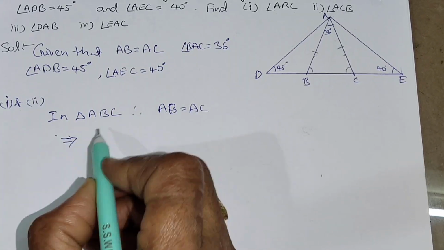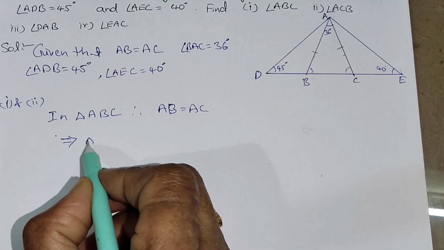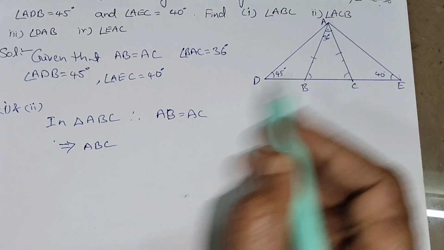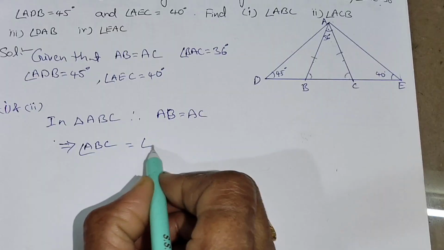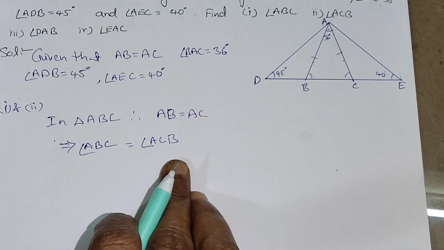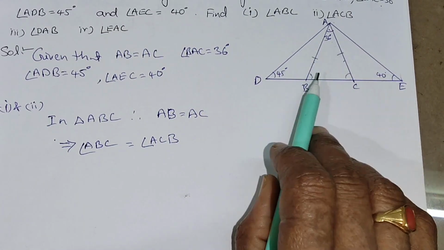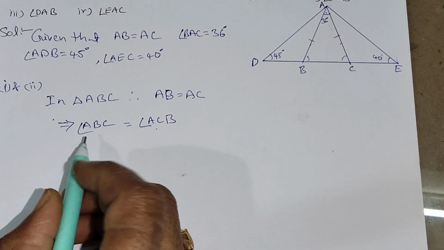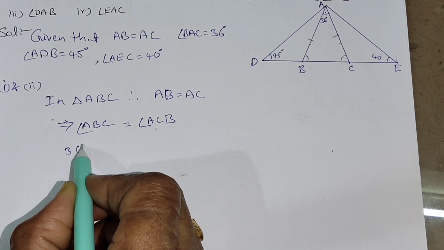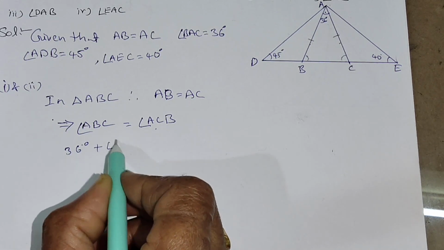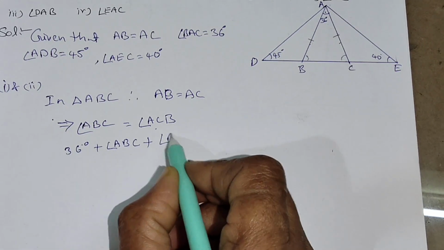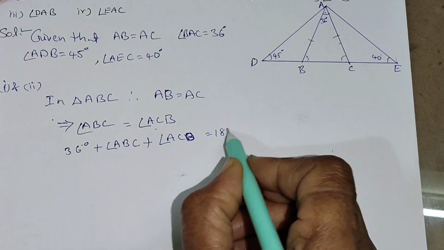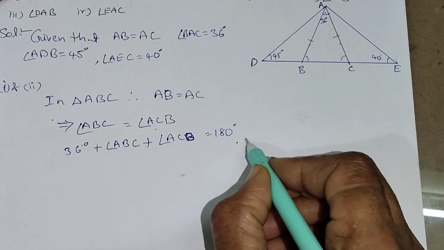That implies angle ABC equal to angle ACB. These two angles are equal. So one angle is 36, and the next two angles are equal. So we write the angle sum property: 36 plus angle ABC plus angle ACB equal to 180 degrees.